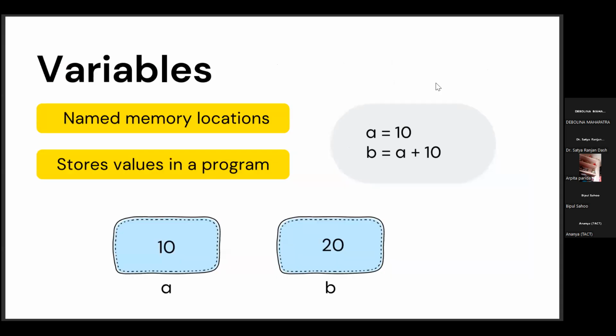So over here, when I use A is equal to 10 and B equals A plus 10, it is not really descriptive. Had I used num1 and num2 or a descriptive name like summation, it would have been a lot better to understand.